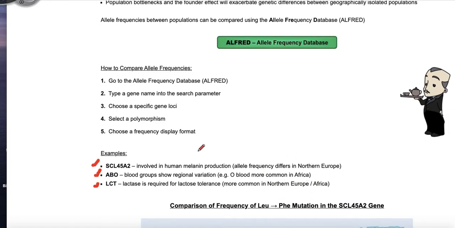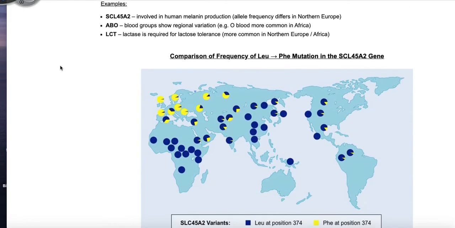And in this particular example, they just show you the allele frequency and how they differ in different parts of the world. So the graph here below is just a comparison of a particular mutation in this gene, the SLC45A2 gene, and how you have different allele frequencies in Northern Europe in comparison to the rest of the world. And that's because some mutation happened here in this allele, in this gene.